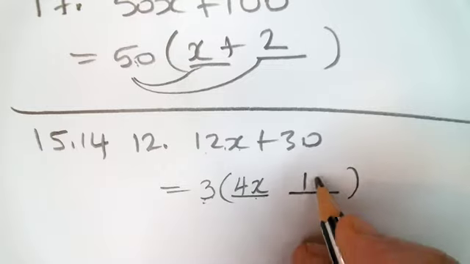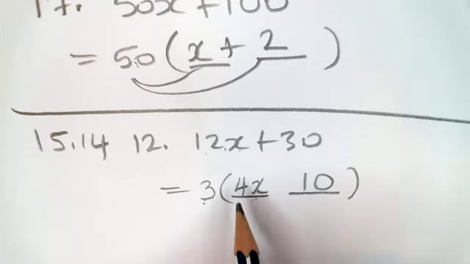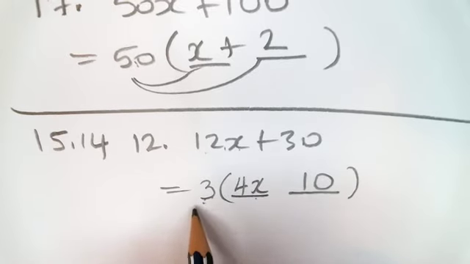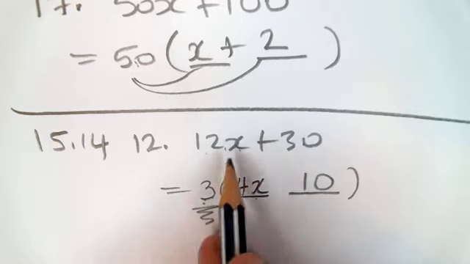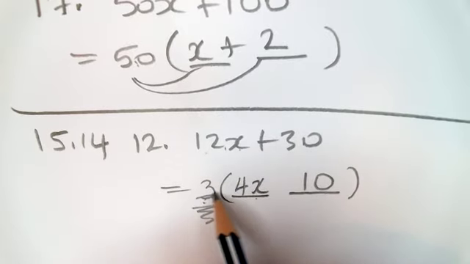Well, that would be 10. Now I'm looking at this, suddenly thinking, hang on, there's still something common to these two. And it's 2. So 3 was not the best number to take. We should have taken the highest common factor, which in this case is going to be a 6. So 3 is not the correct one.